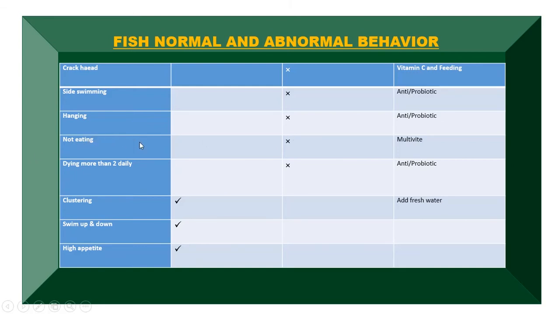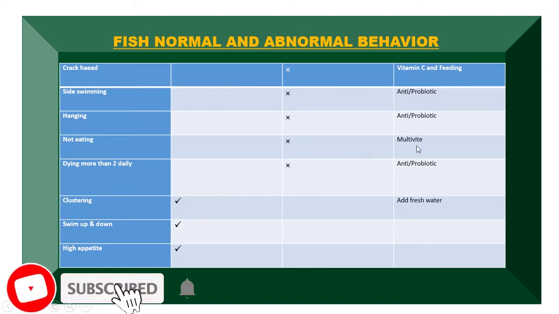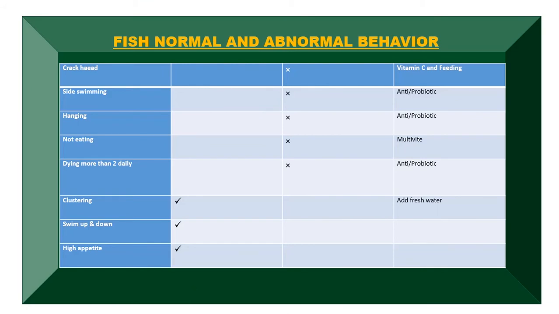When they are not eating, it's also bad. That is, they are lacking appetite. What do you get for them? You get multivite for them. Get to your vet shop and get any multivite medication for them, add it to their feed and give it to them.